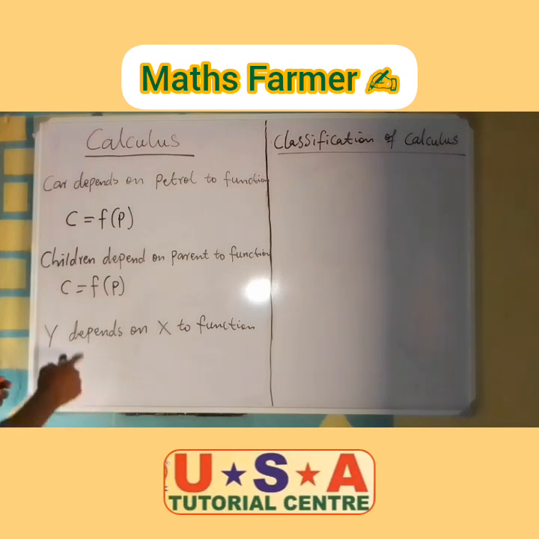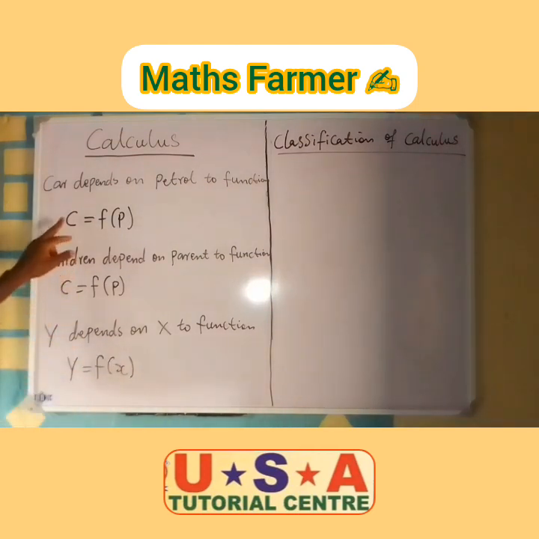Yes. So coming to this one now, y depends on x to function. Variable y depends on x to function. So mathematically, it can be written as y is a function of x. So what all this implies is that the first variable here is the dependent variable, while the second one here is what?